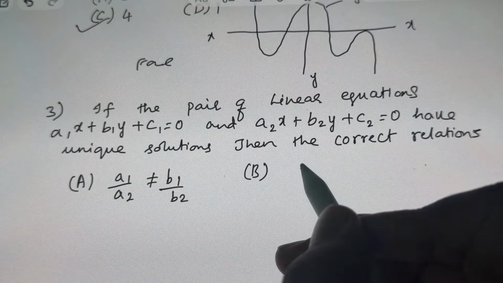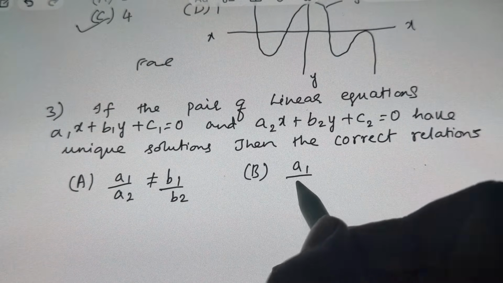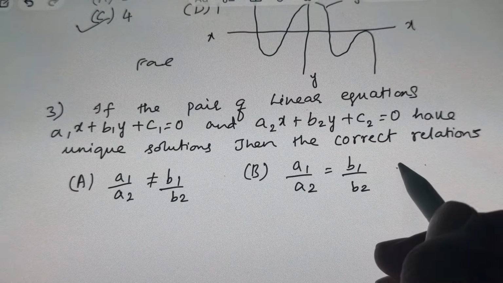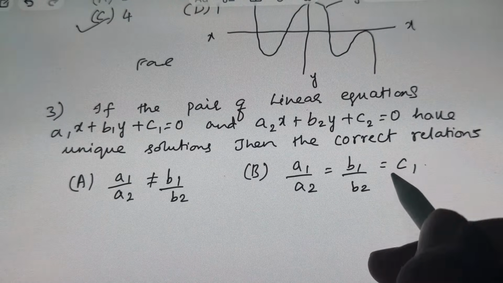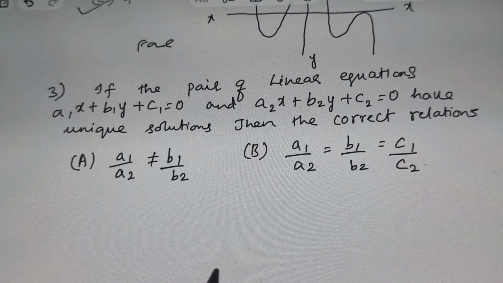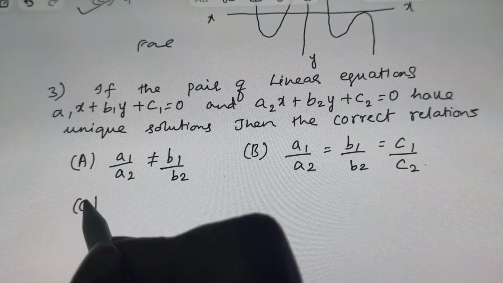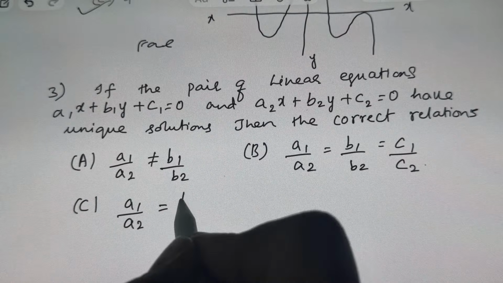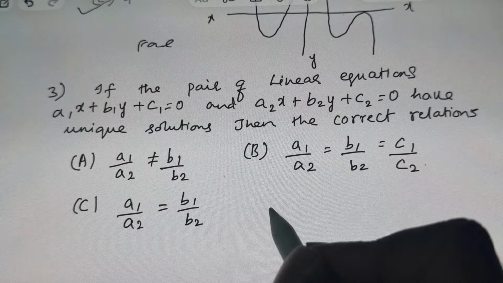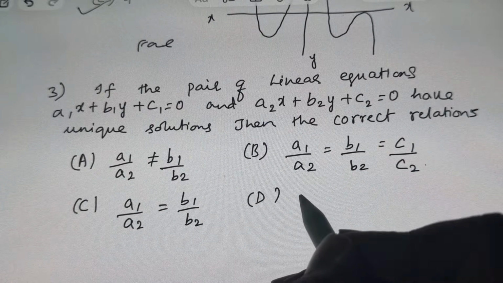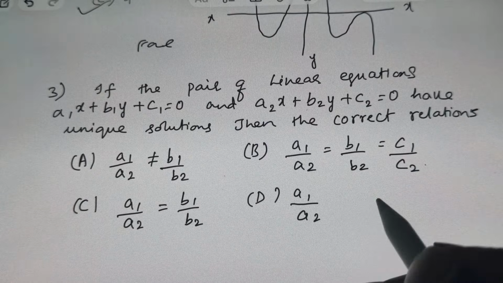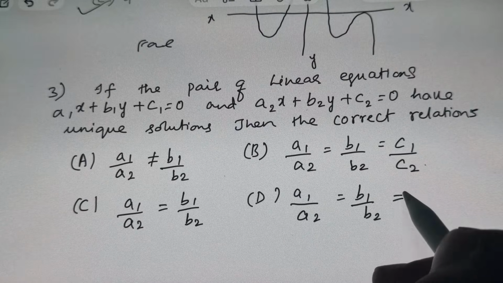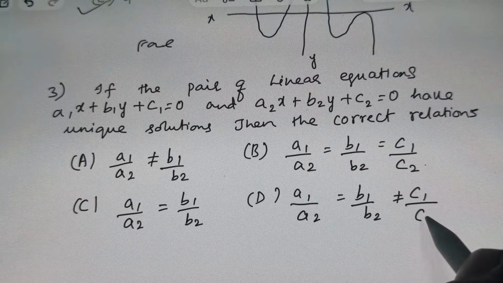B, a1 by a2 equals b1 by b2 equals c1 by c2. C, a1 by a2 equals b1 by b2. D, a1 by a2 equals b1 by b2 not equal to c1 by c2.